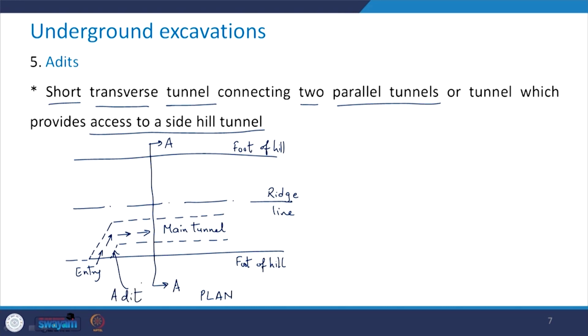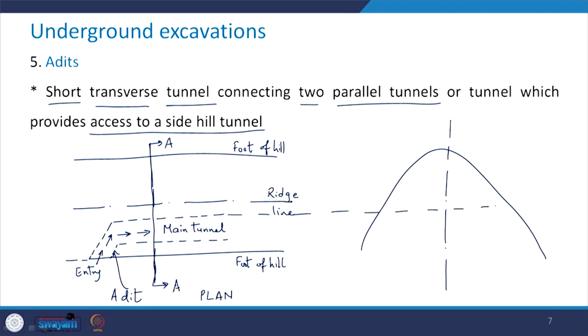And how it will look like if I just take the cross section along this section AA. So, how this is going to look like is this. So, I will have this hill and just project it this side.